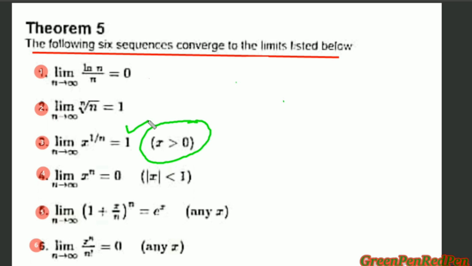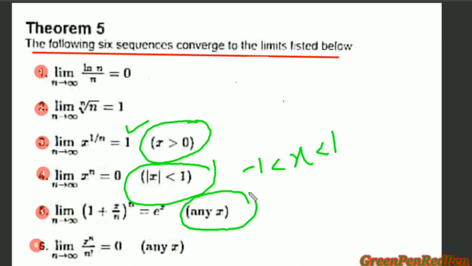Similarly, in sequence number 4, with the condition that x is between -1 and 1, the sequence tends to 0 as n approaches infinity. The fifth one is for any x, there is no condition on x, it can be 1, 2, 3, 4, anything.